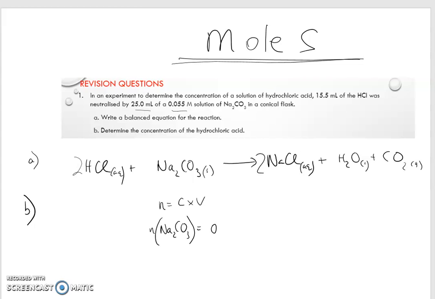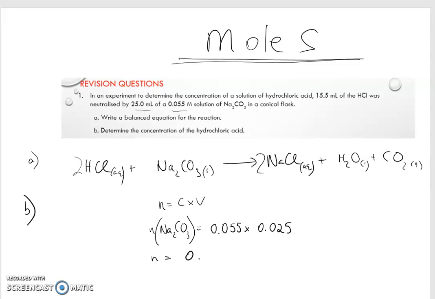So concentration, 0.055, times the volume in litres, 0.025. So let's find that value. 0.055 times 0.025.